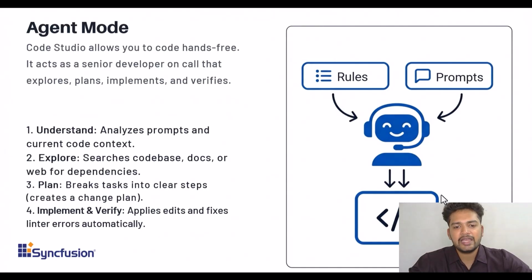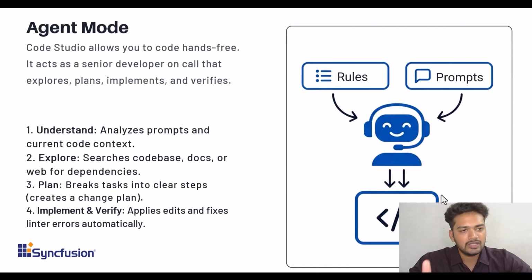Now let's talk about agent mode. It is one of the most powerful capabilities in Code Studio. Agent mode is not like a chat or an autocomplete. Think of it as a goal-driven AI engineer. When you assign a task, the agent understands the request and the existing code. It explores the codebase, documentation, and dependencies, and it breaks down the task and plans every step, then implements and verifies the changes.